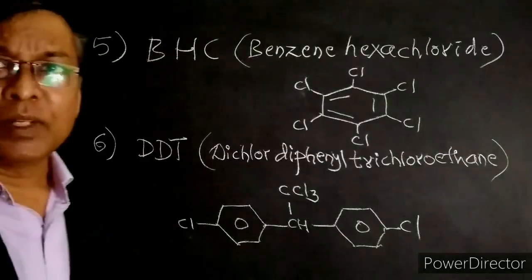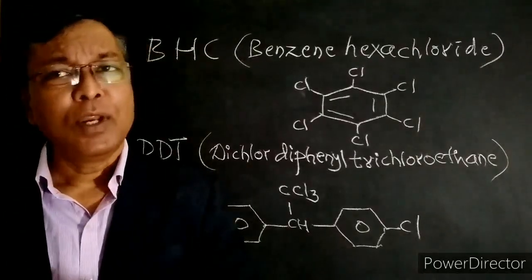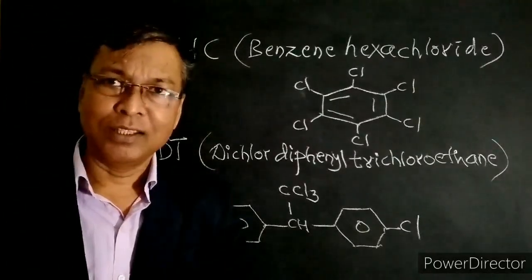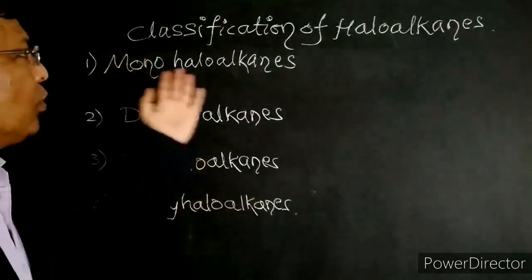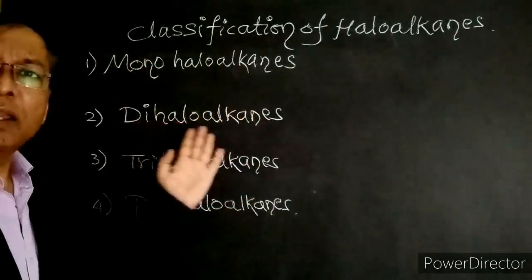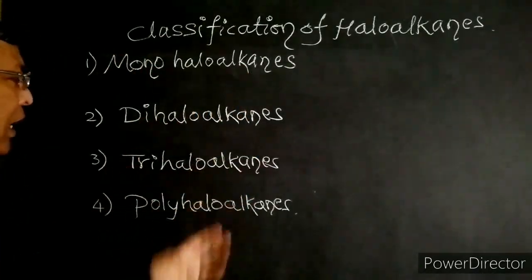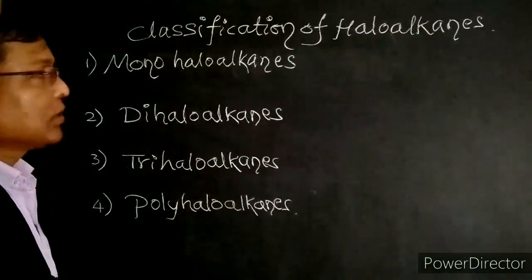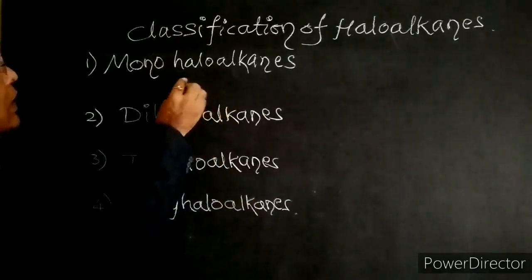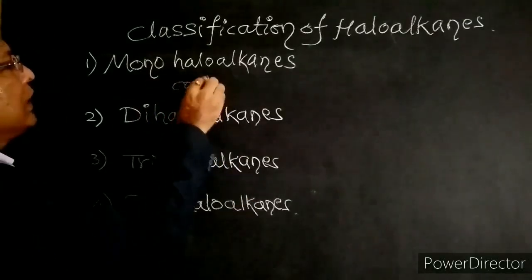Now let us see the classification of haloalkanes and haloarenes. Haloalkanes are classified as monohaloalkanes, dihaloalkanes, trihaloalkanes, and polyhaloalkanes. Monohaloalkanes contain one halogen atom.